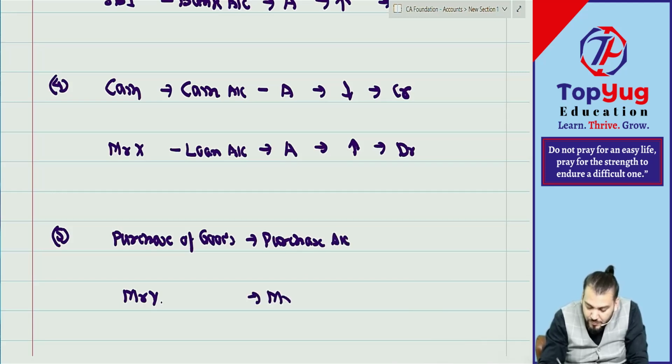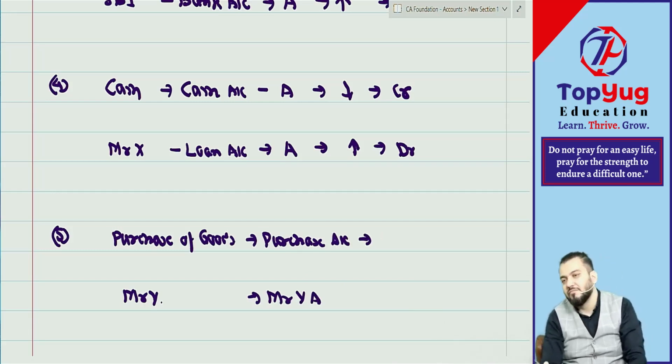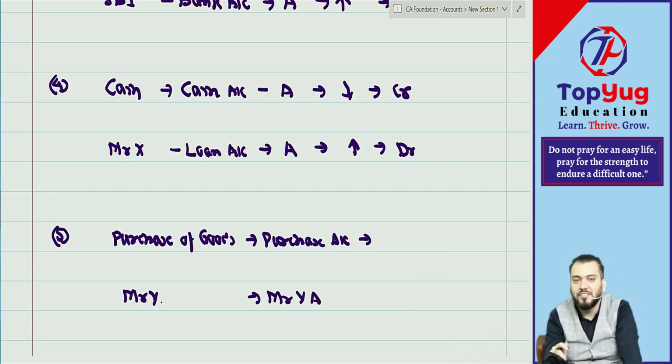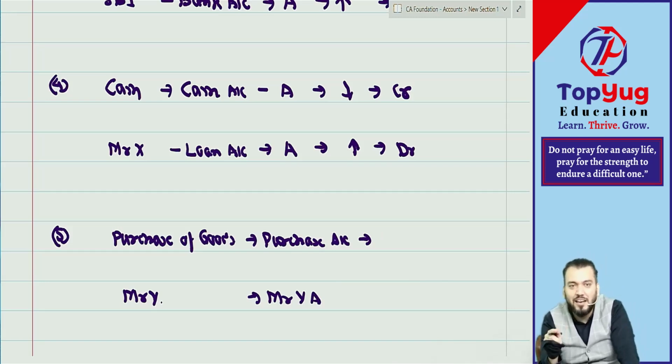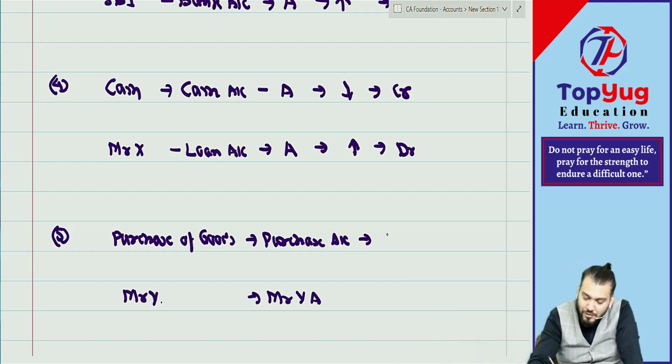Mr. Y account. Purchase account is what? Your expense? Purchase account is a real account, no? So why are you saying expense? Asset. Purchase account is an asset, not expense.